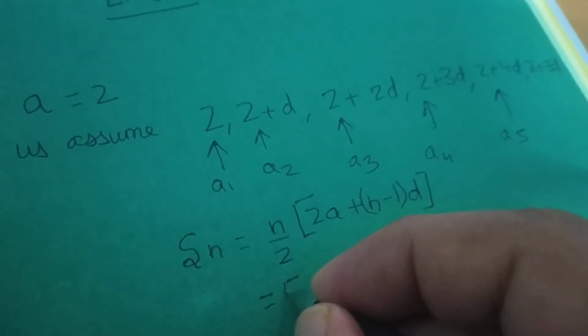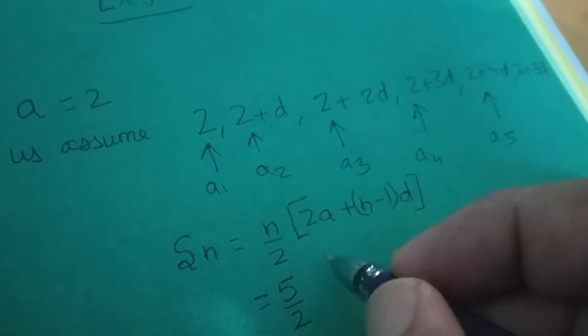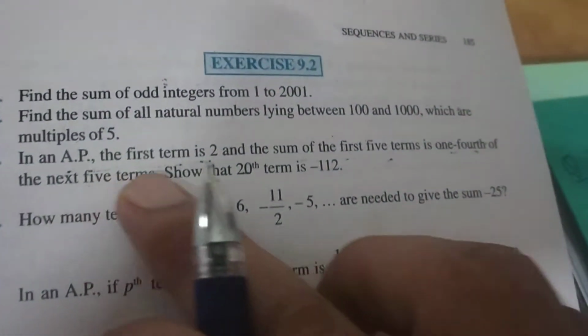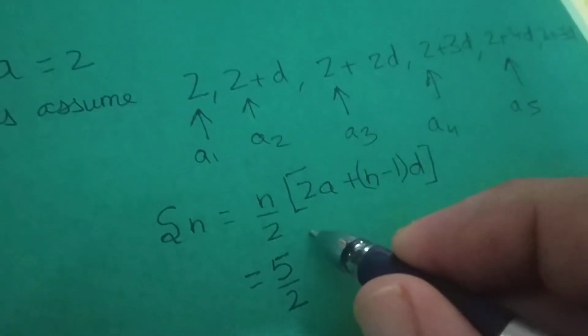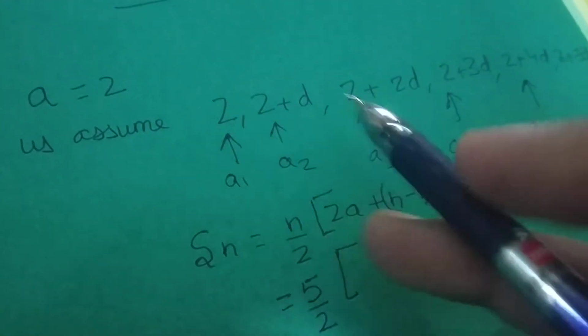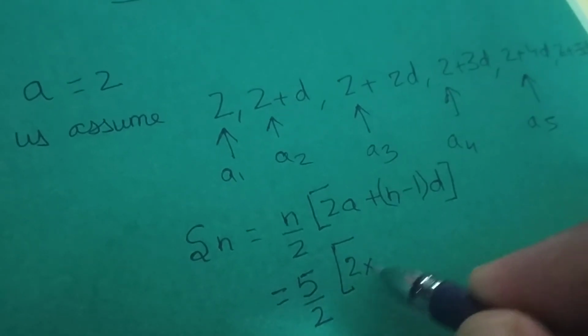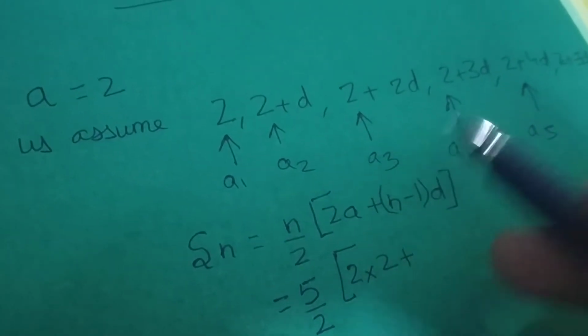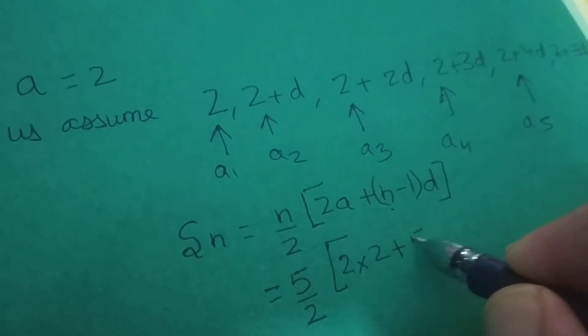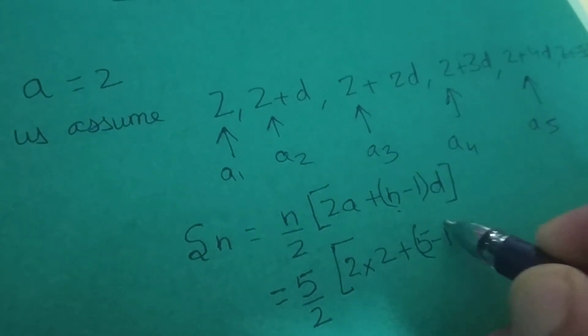Number of terms is 5, so 5 by 2 into 2a. What is a? a is the first term, which is 2. So 2 into 2 plus n minus 1, where n is 5, so 5 minus 1, whole into d.